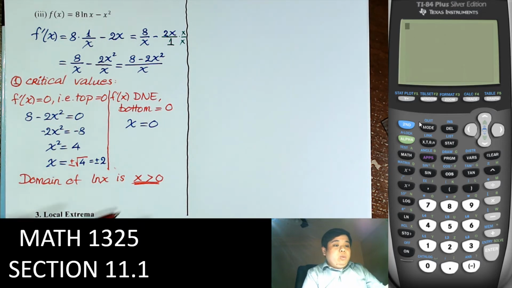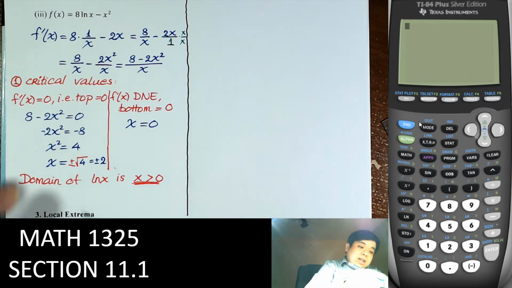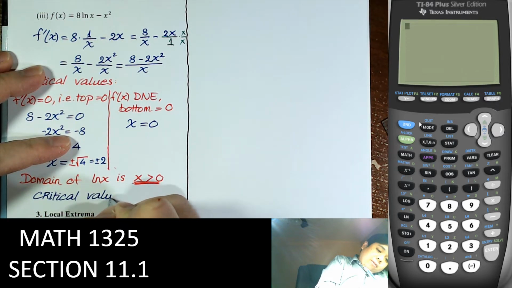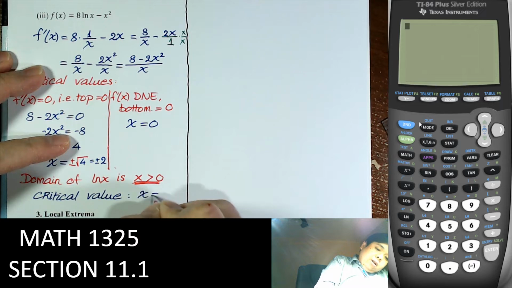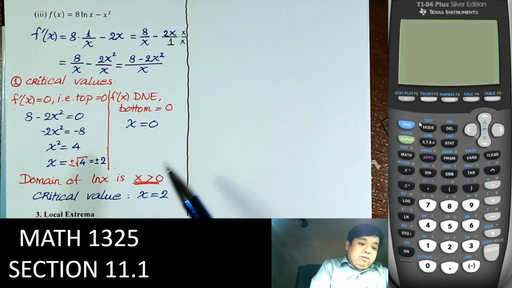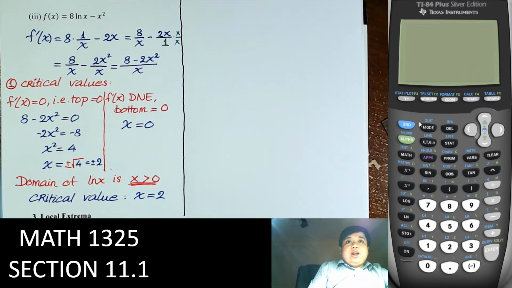So we only check the positive values. In this case, the only critical value is 2, because x equal to 0 is not in the domain, and x equal to negative 2 is not in the domain. So they cannot be critical values.